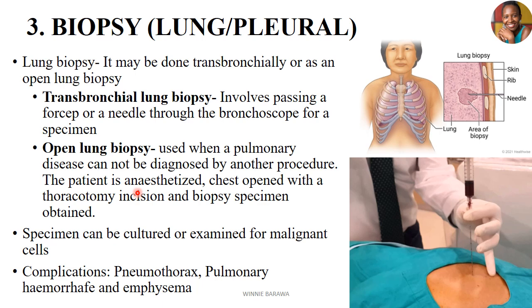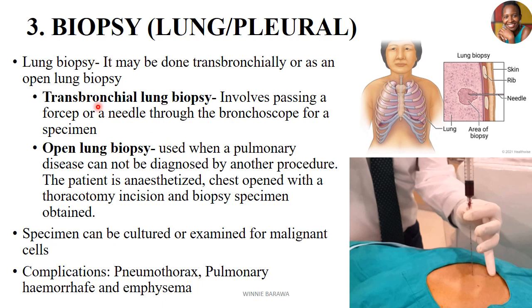The specimen can be used for examination of different things. You may want to do culture and sensitivity, or you may take this specimen because you want cancer analysis or malignant cell determination. So that's what it basically means.